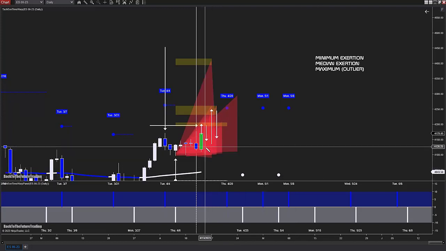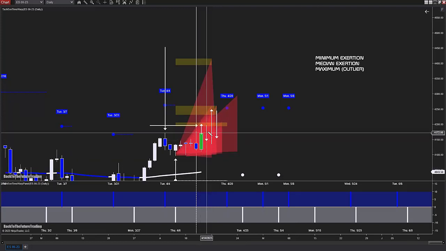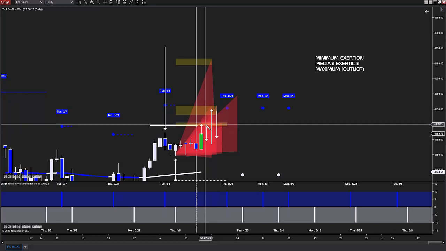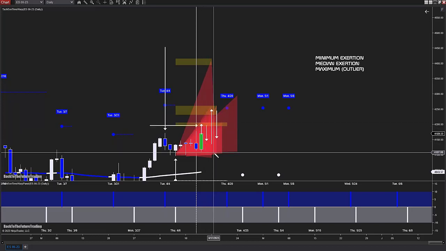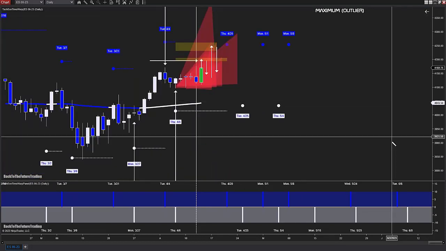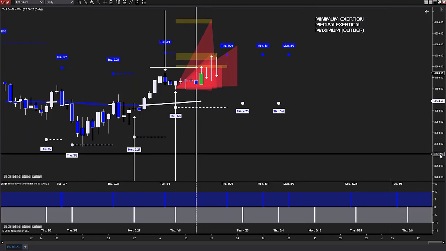So if you're choosing to trade calls, you can buy up into the minimum and the median. If you're a counter trend trader, you can place puts at the level where it might drop and new forces are marshaled. But all of that is available to us, and we're looking at the future.